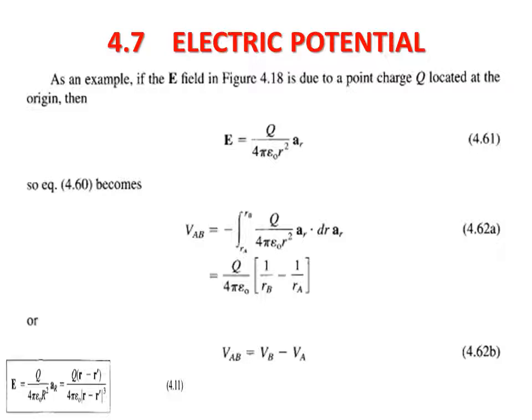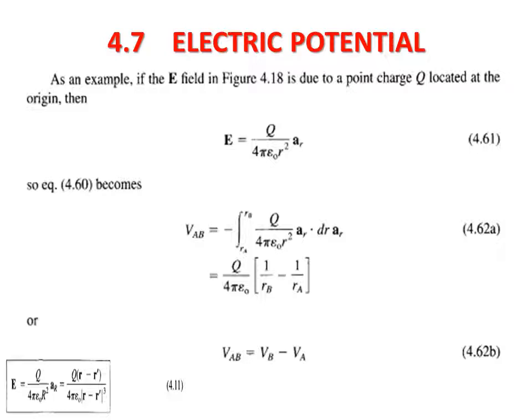Okay, let's continue with electrical potential. As an example, if E, the electrical field intensity in figure 4.18, is due to a point charge Q located at the origin, then we know the basic formula for the electrostatic field is E = Q/(4πε₀R²) aR, with the unit vector aR.